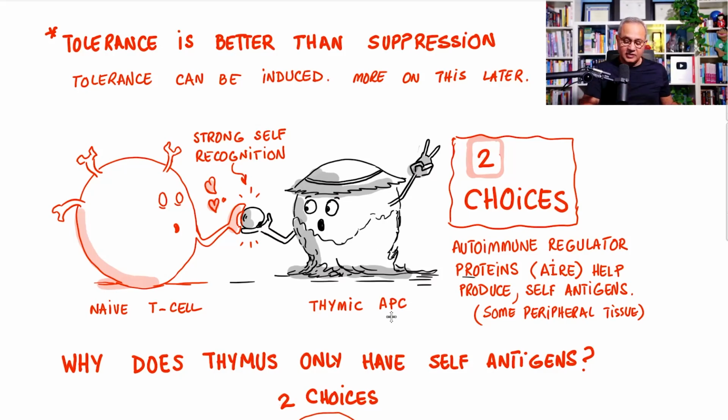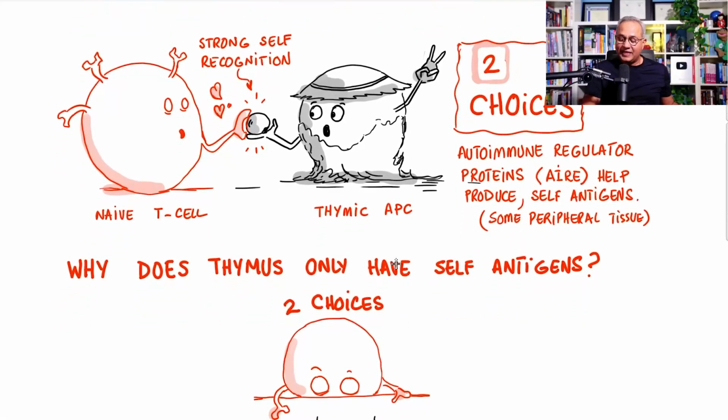So now with that little philosophy, imagine these are two cells in the thymus. In the thymus, this cell here, the one that is in gray, is an antigen presenting cell. Our thymus contains a lot of antigen presenting cells like macrophages and dendritic cells. But these are very special kinds of macrophages and dendritic cells.